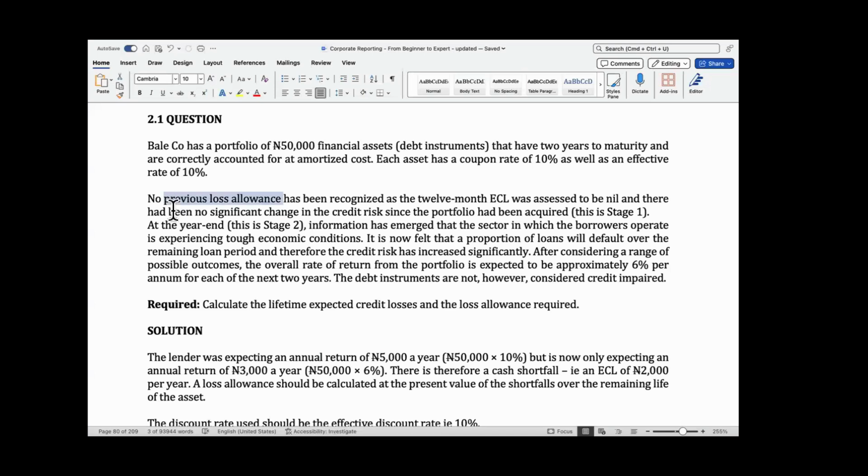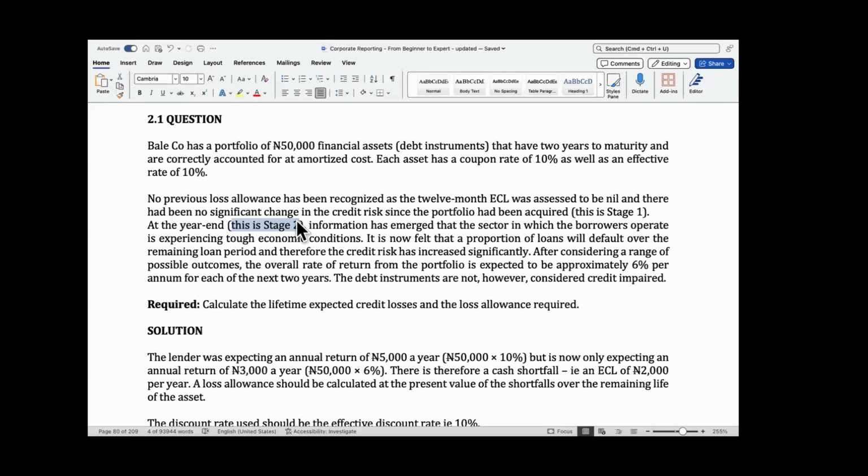And there had been no significant change in credit risk since the portfolio has been acquired. So that means it has remained in stage one. And that's at the end of the year. So it goes to stage two.